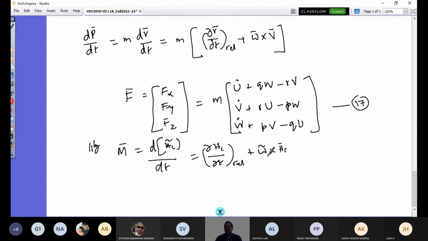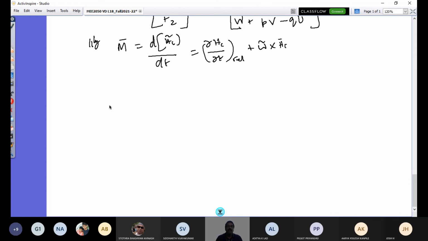I will write it as a column vector 3 by 1, and this is going to be 3 by 3. That's essentially 3 by 1 again. So let me just write it down here. What is my hc?